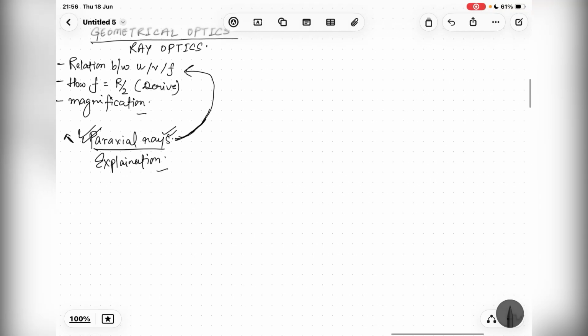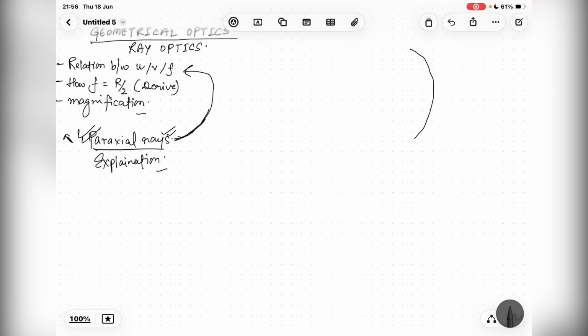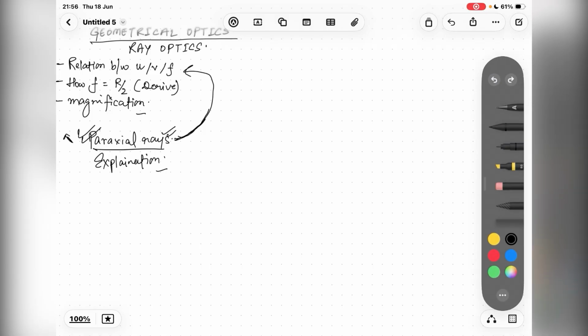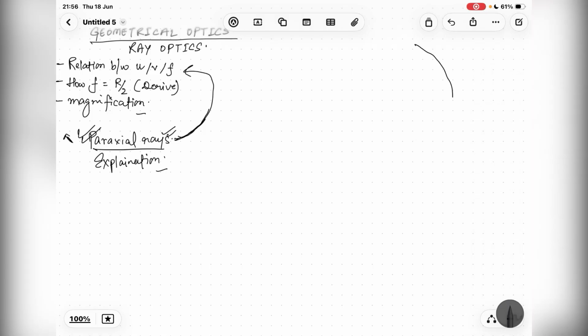Before establishing the relation between u, v and f, one thing that I forgot to include in yesterday's video, and that is focal plane. Suppose this is a mirror, this is the pole, this is the center of curvature, and somewhere here is the focus.